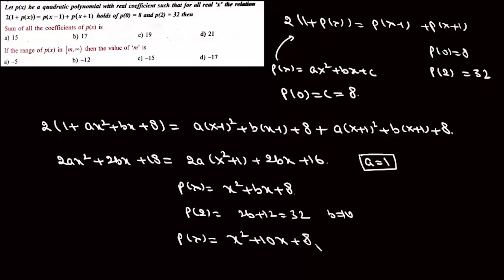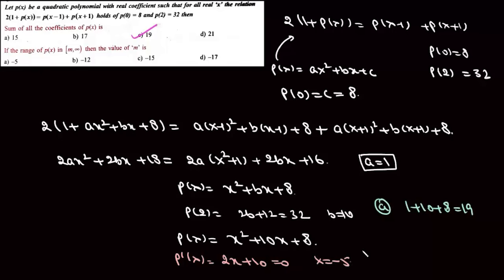Now the first question is the sum of all coefficients of p(x). So the sum of all coefficients will be 1 plus 10 plus 8, 19, and that's your option C. And second is the range of p(x). We have to find its minimum value m. Now p dash x will be 2x plus 10 equals 0, x equals minus 5.